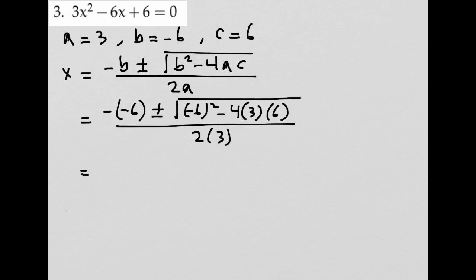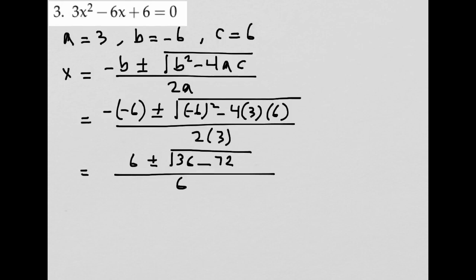That's equal to 6 plus or minus the square root of 36 minus 4 times 3 times 6, that's 72, all divided by 6. That's equal to 6 plus or minus the square root of minus 36. 36 minus 72 is minus 36, all divided by 6.